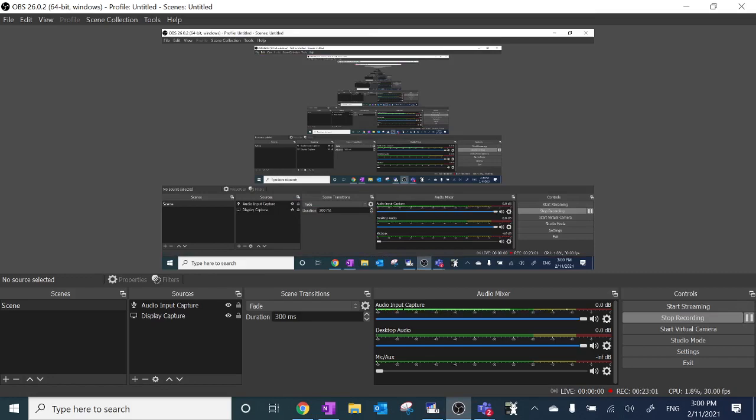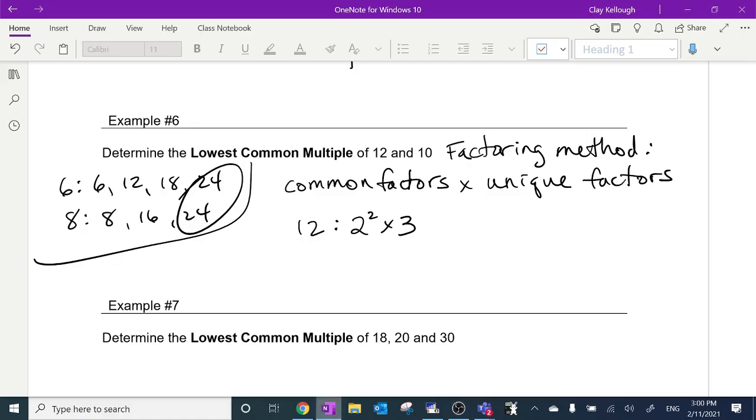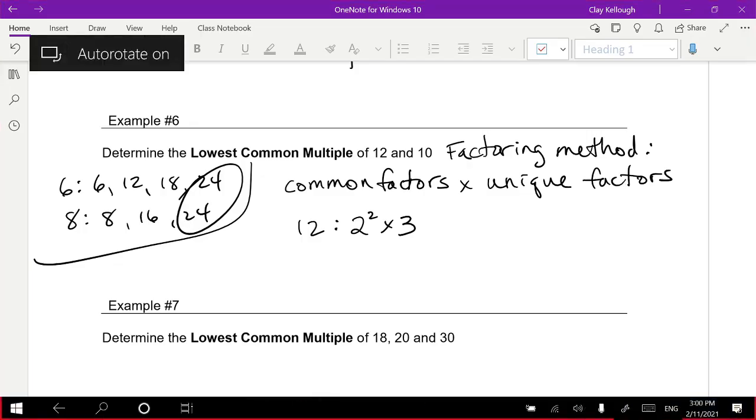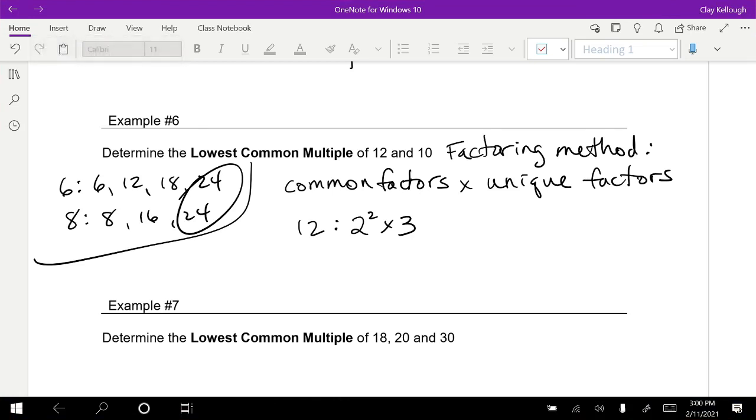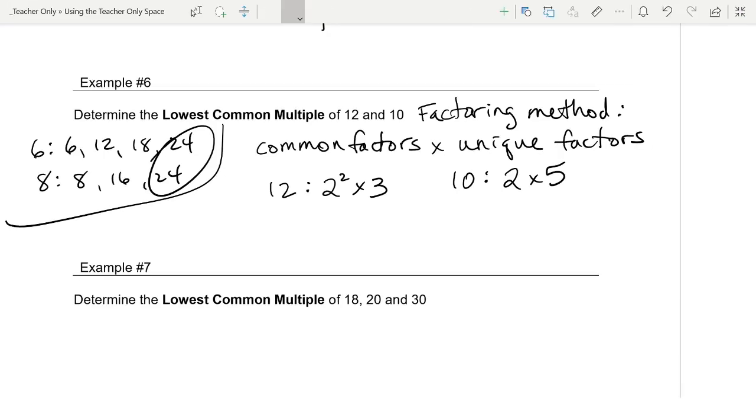We're back. Sorry about that, everybody. Okay, so 12 is a very easy factor tree, 2, 2, 3. And 10's an even easier factor tree, 2, 5. So here's how I do this. I'm going to get a highlighter here. What's the common part? Well, the common part is they both have a 2, right? So the common factor part is the 2.